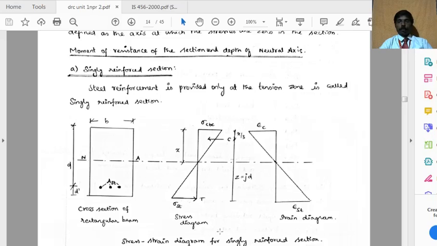The stress diagram for the singly reinforced section is shown in the figure, where the compression force is acting at the top of the section and the tension force is acting at the bottom of the section.